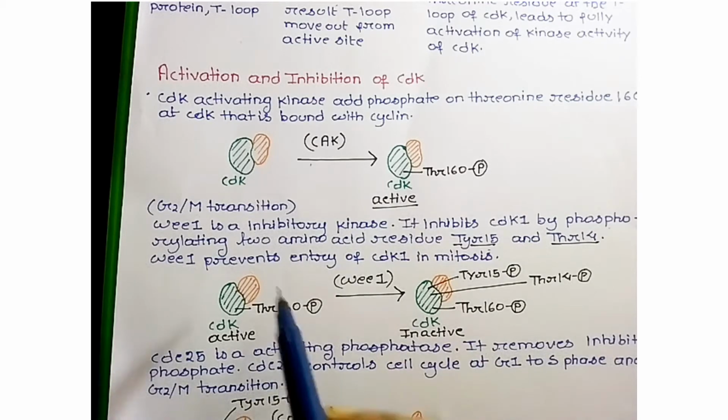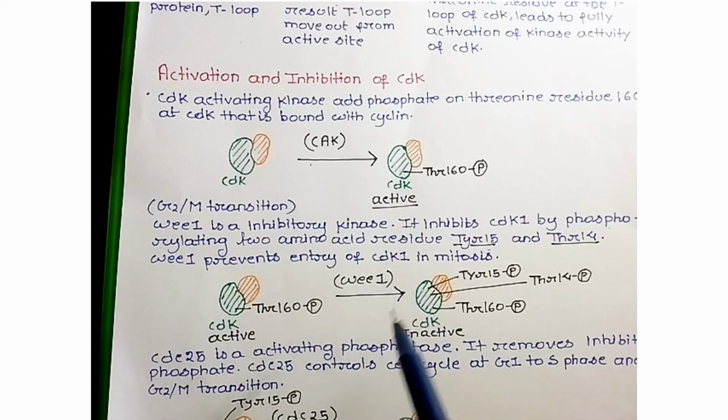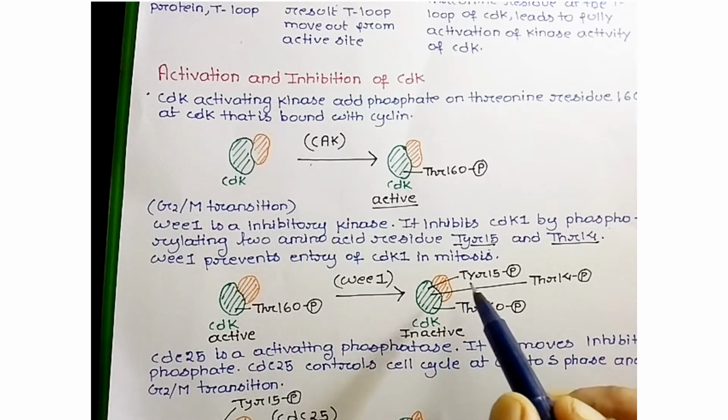So this is the active cyclin CDK complex. Wee1 is the inhibitory kinase that shows hyperphosphorylation of the cyclin CDK complex at tyrosine 15 and threonine 14 residues, which leads to an inactive form of the cyclin CDK complex.